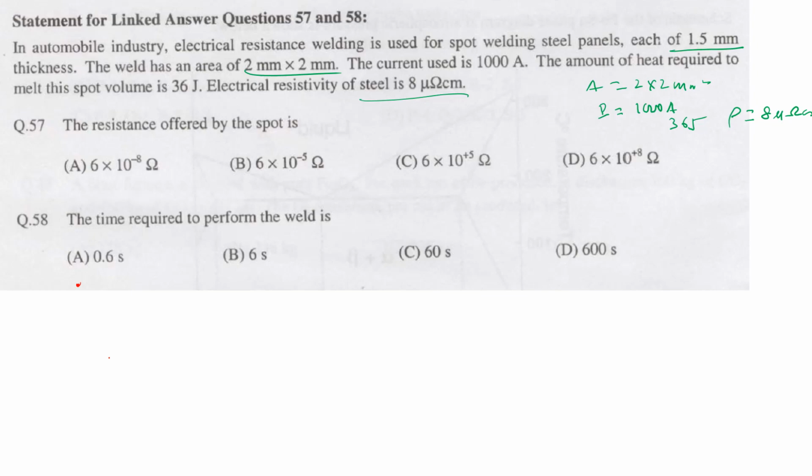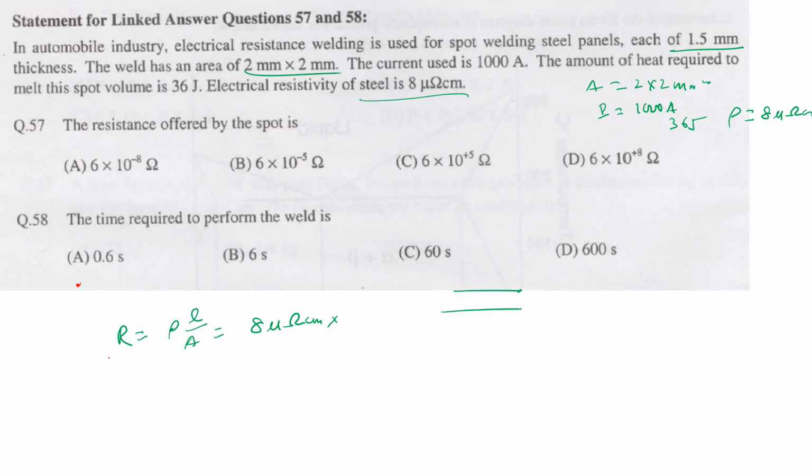The resistance offered by this spot is, so we know R is equal to rho L by A. So rho is given as 8 micro ohm cm into L, that is the length.